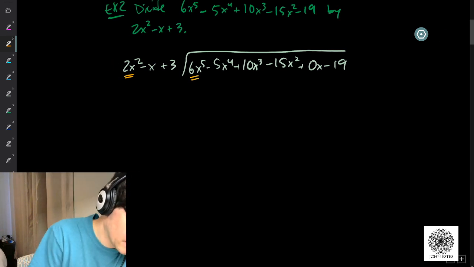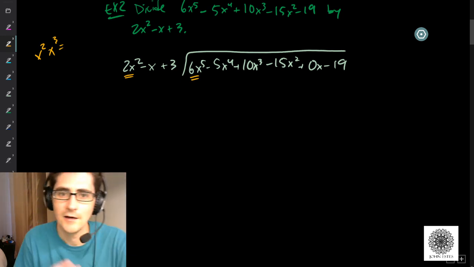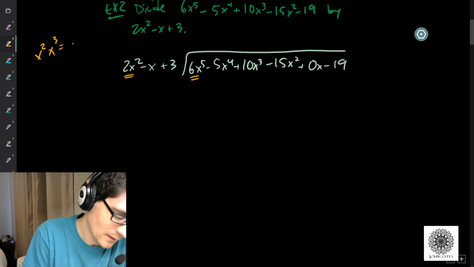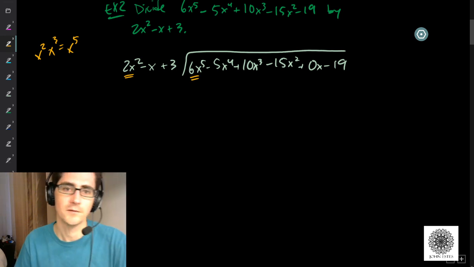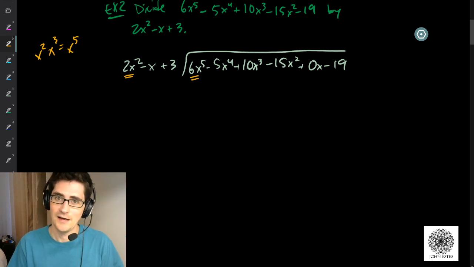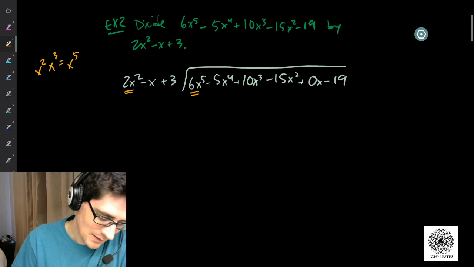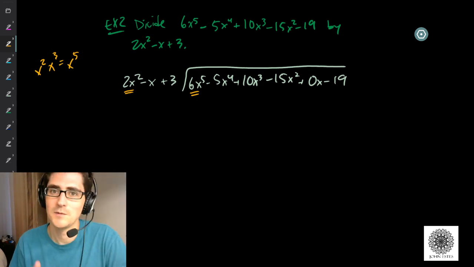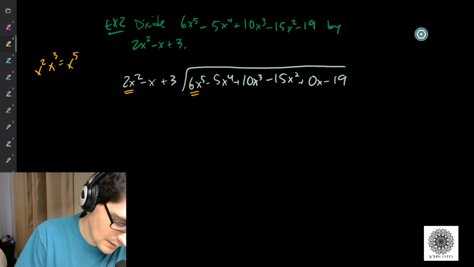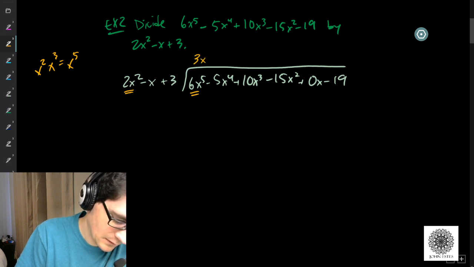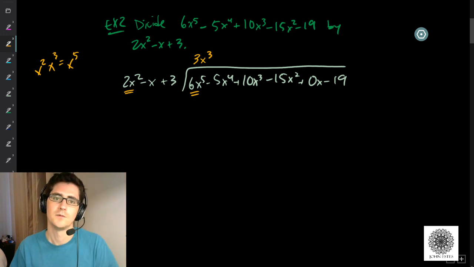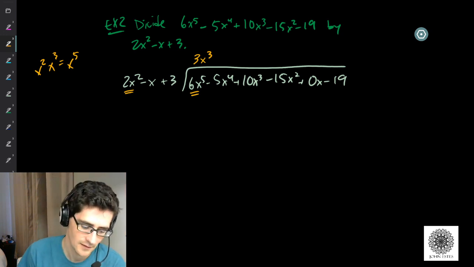And if you think about it for a second, x squared times x cubed. When I multiply, I add the exponents, I get x to the 5th. Remember, when you multiply, you have to add your exponents together. So the answer to this, what times 2x squared gives me 6x to the 5th? I get 3x cubed. That's my solution.